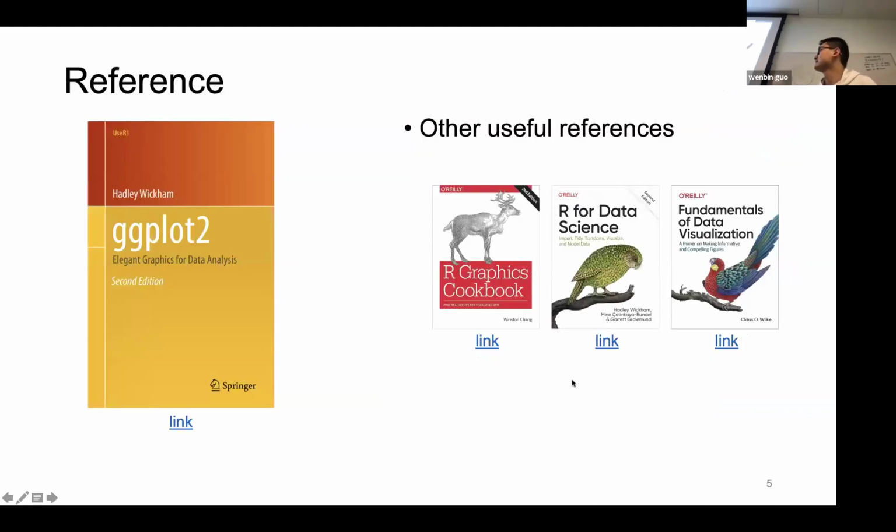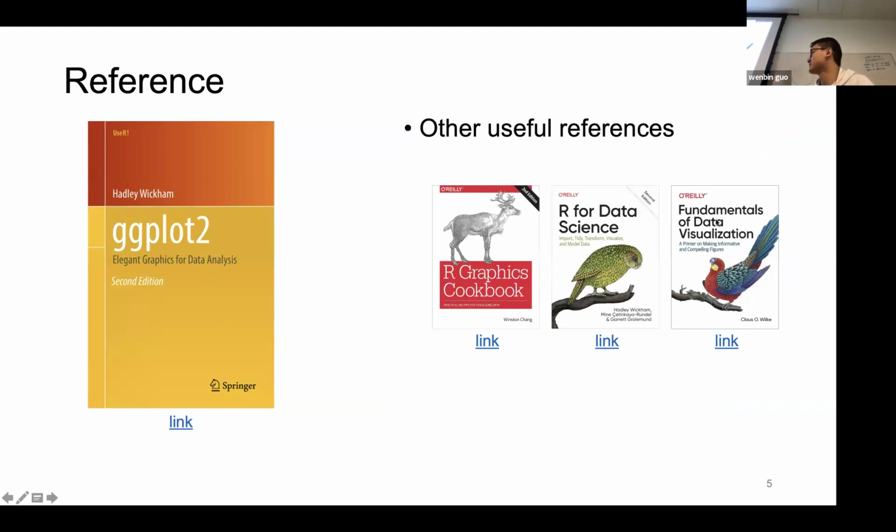Here I provided some references. Specifically, this workshop is designed based on the book ggplot2: Elegant Graphics for Data Analysis. Besides this book, there are also some very good books like R Graphics Cookbook, R for Data Science, and specifically Fundamentals of Data Visualization.